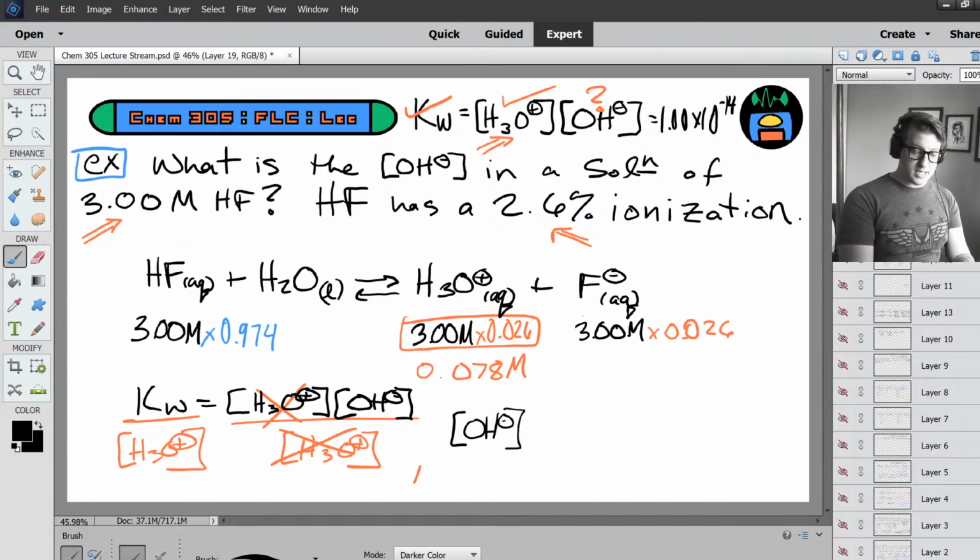So the molarity of hydroxide is equal to 1.00 times 10 to the negative 14 over 0.078.